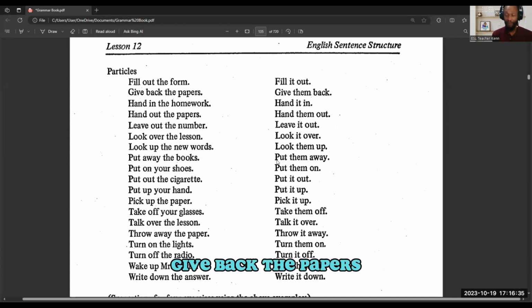Give back the papers. Give them back. Again, give them back. Hand in the homework. Again, hand in the homework. Hand it in. Again, hand it in.